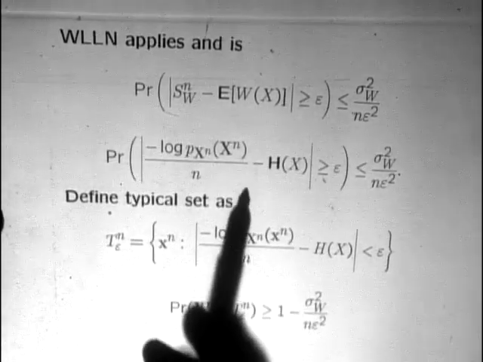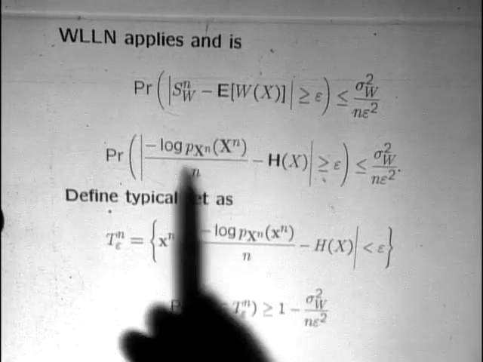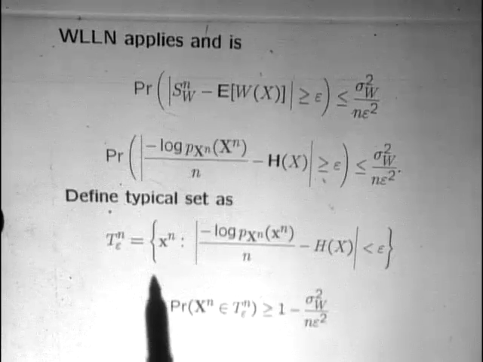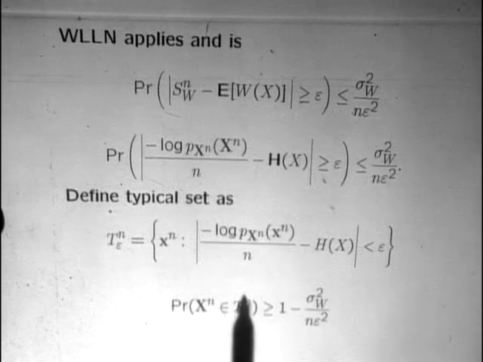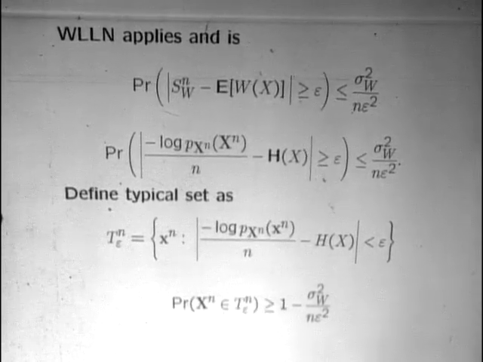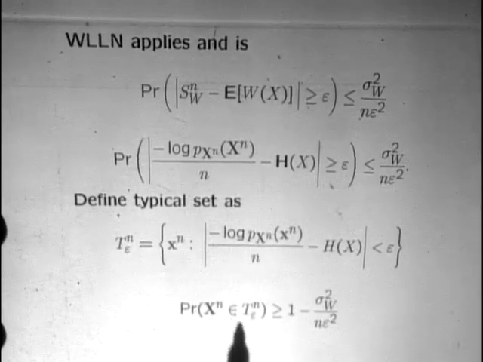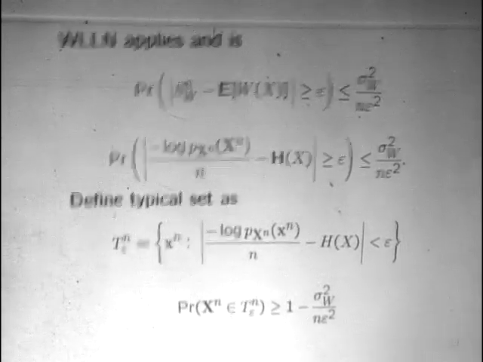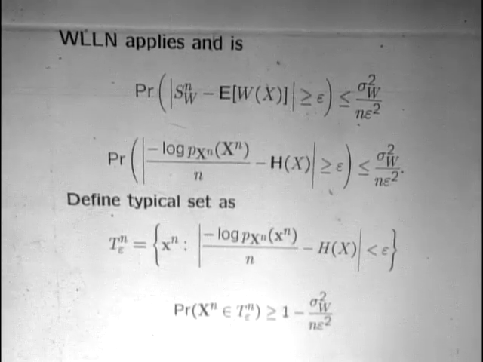These are the exceptional things. These are the typical things. We're saying that the exceptional things have a small probability when you make n big enough. This is saying that the exceptional things don't amount to anything, and the typical things fill up the entire probability space. So the probability that this sequence is actually typical is greater than or equal to 1 minus something small. It says that when n gets big enough, the probability that you get a typical sequence out of the source is going to 1.